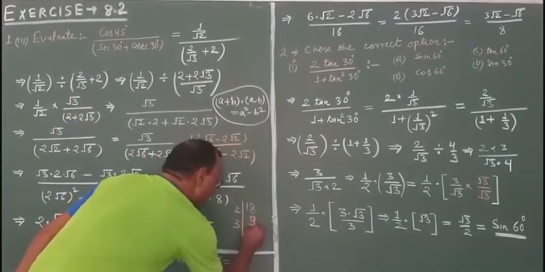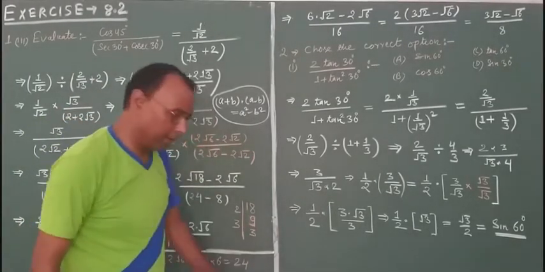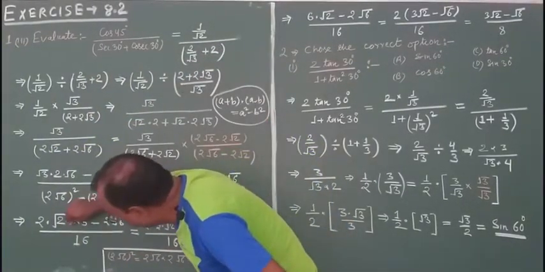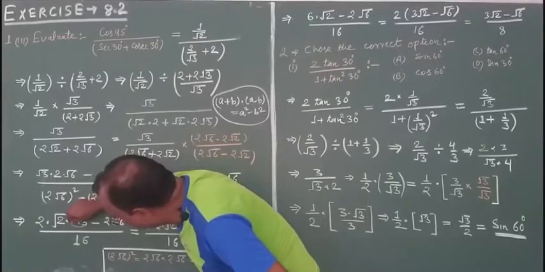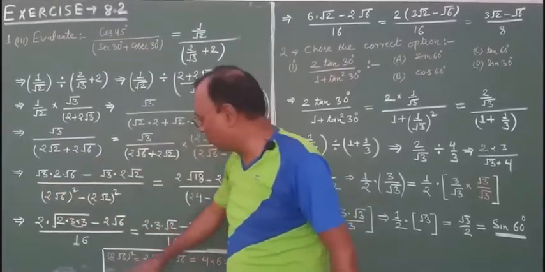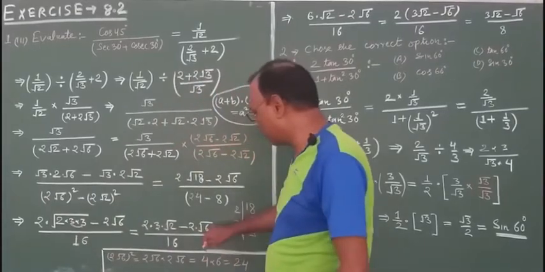Now this 3 into 3, one 3 will come outside. So it will become 2 into 3 under root 2, or minus 2 under root 6.